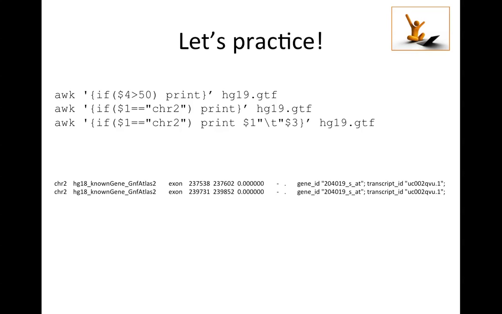So this solves the problem immediately, right? So we will not see chromosome 21. Okay, so also we can find the lines which correspond to chromosome 2 and modify the output, right? So we'll extract those lines and then we'll just print column number 1 and column number 3, for example.